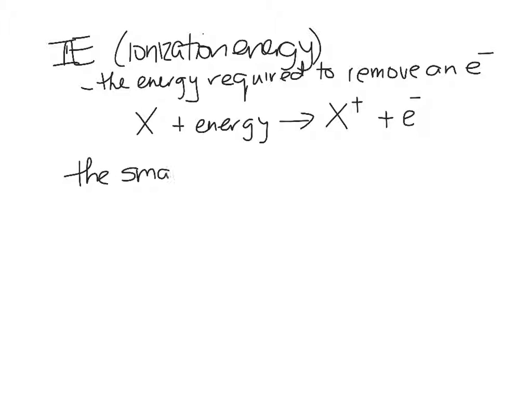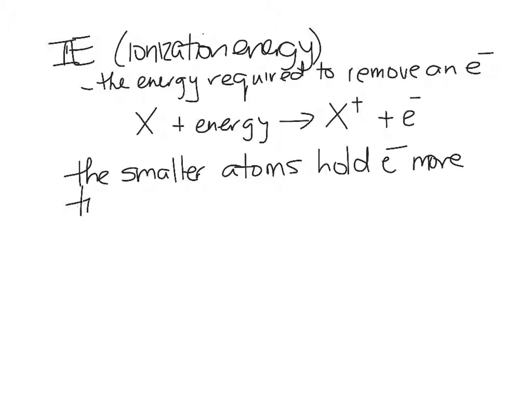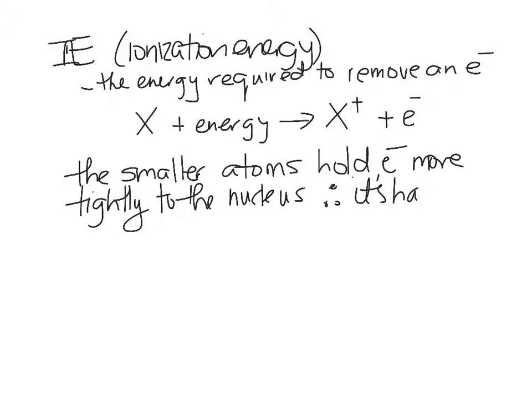The smaller atoms hold electrons more tightly to the nucleus. Therefore, it's harder to pull them away. So the smaller atoms hold electrons more tightly to the nucleus.